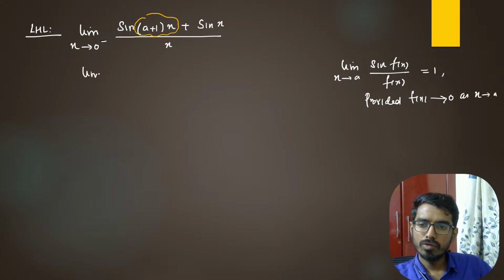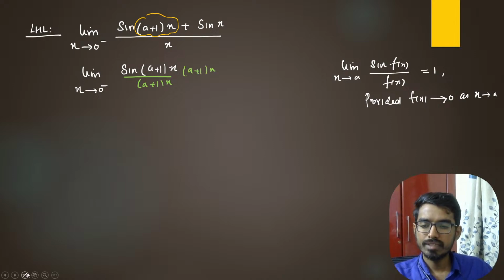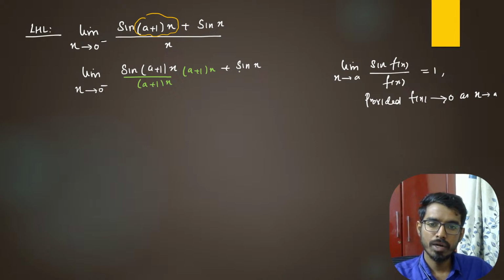So what I'm going to do is, here I have limit x tending to 0 minus, sine of (a plus 1) into x. So your f of x is (a plus 1) into x. Let us multiply and divide by (a plus 1) into x, and here I have sine x. I hope everyone watched my limits video, which is calculus 1 and 2.